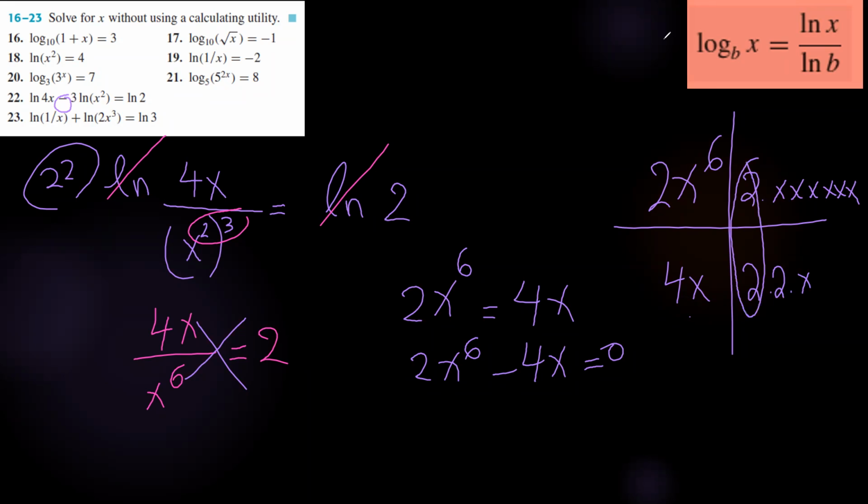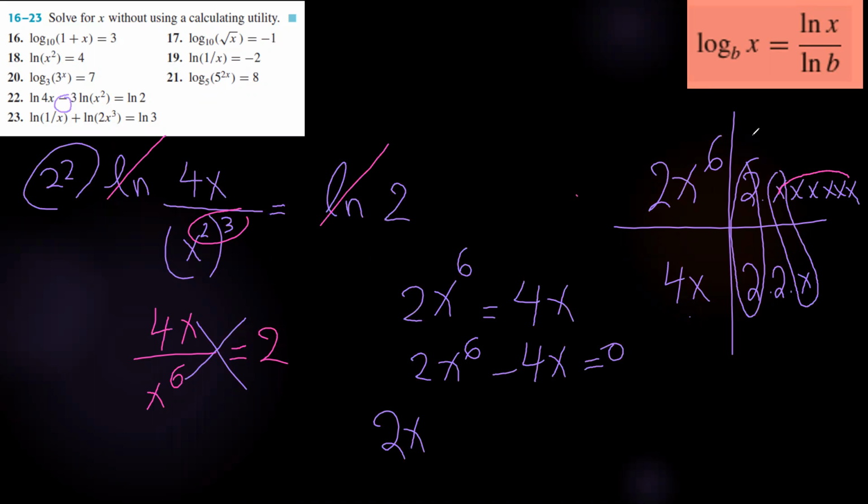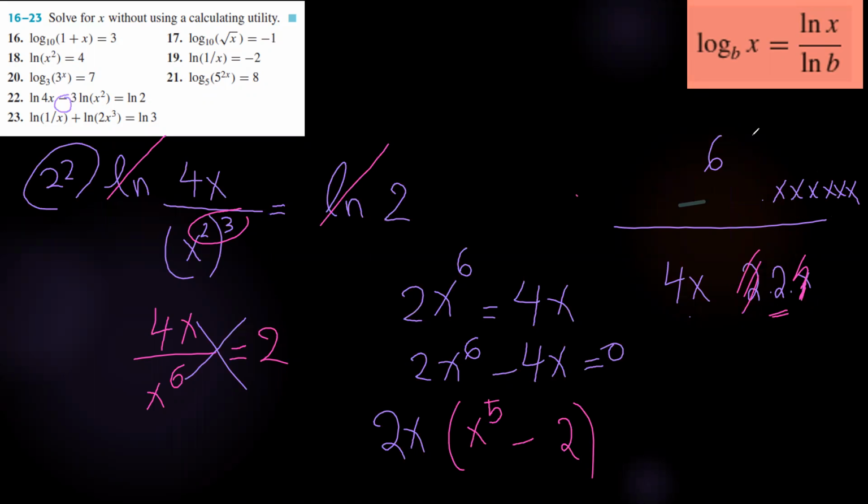We have 2 and x. 2 and x here is the common. When I take 2x, let's see now what we have left here. We have 1, 2, 3, 4, 5, x to the power 5. Now minus. When we take 2x outside, what do we have? We have 2 left. So when you take it as a common factor, we have 2x times x to the power 5 minus 2.